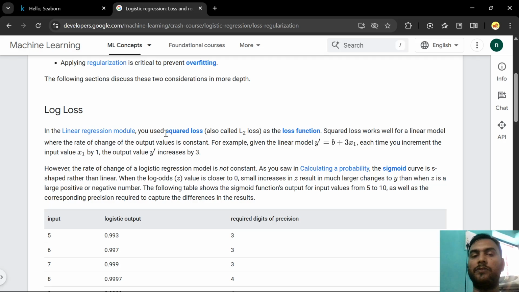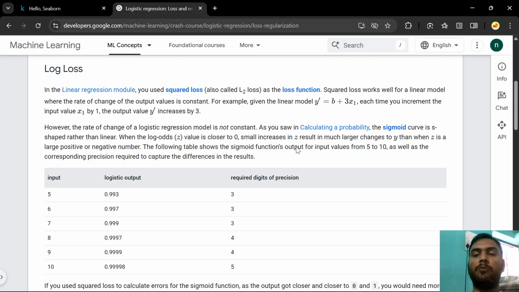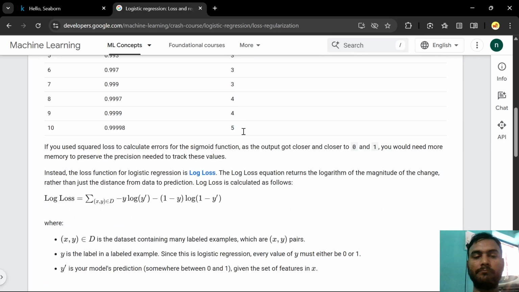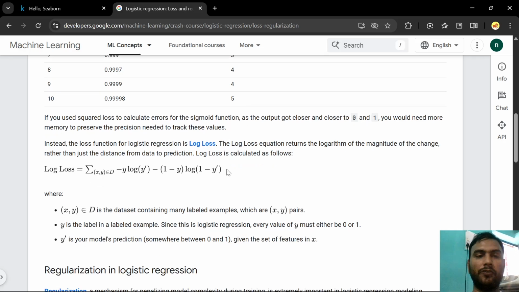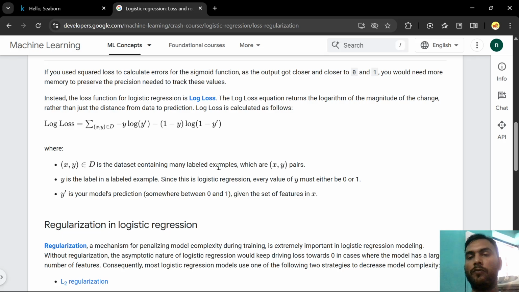In linear regression, we use something called squared loss as the loss function. But in the sigmoid, we use log loss, so we take a log value of the loss equation.